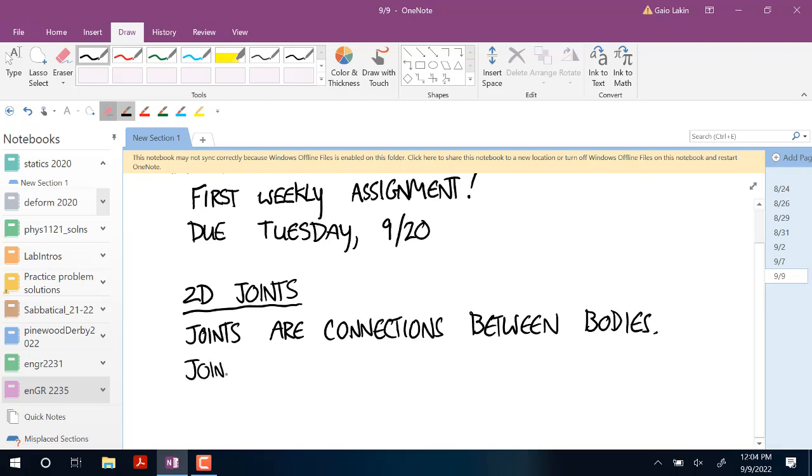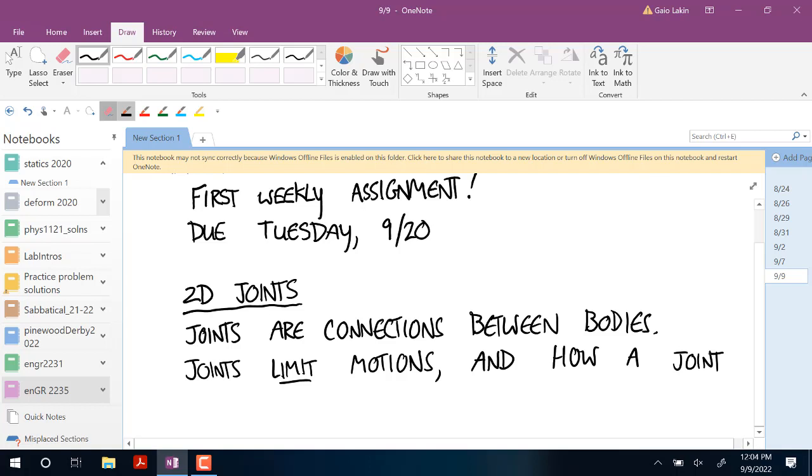Understanding in what way joints limit motions is the way to understand mathematically how to treat joints, in 2D and 3D and with particles. So joints limit motions, and how a joint limits motion tells you how to treat it mathematically.